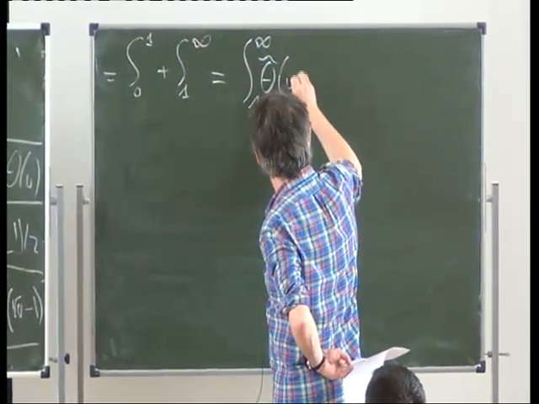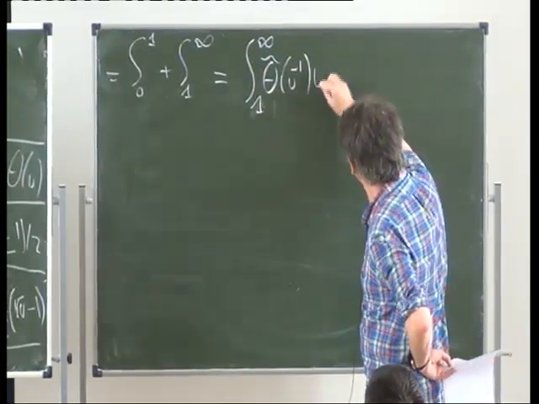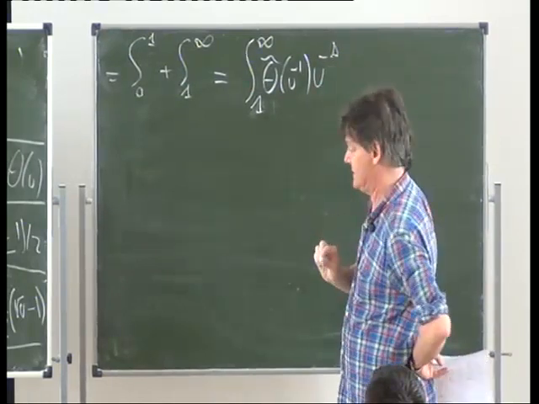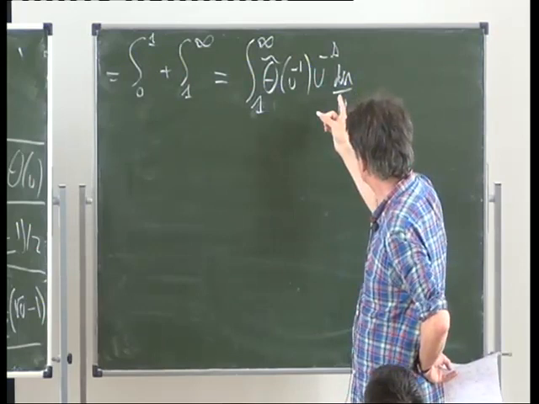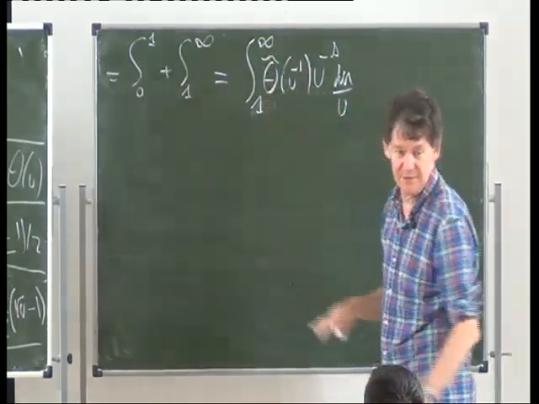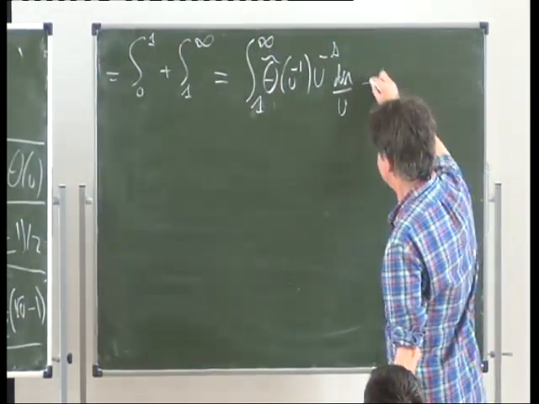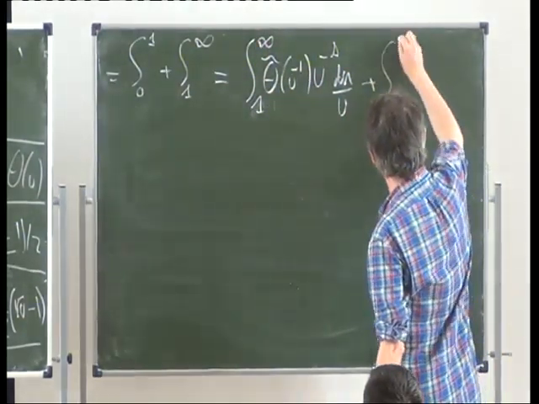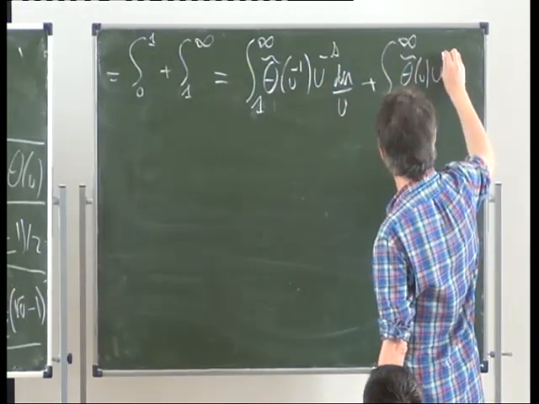Here, theta tilde of 1 over u. So here I get u to the minus s, and the du over u doesn't change because I've already put the sign in exchanging the extremities. So I get this plus the same thing. This one I will write again: theta tilde of u, u to the s over 2.